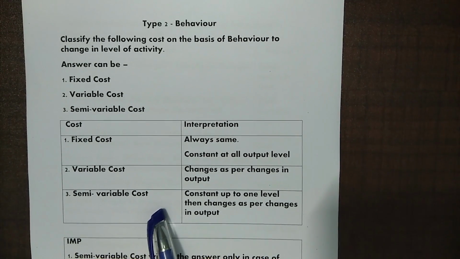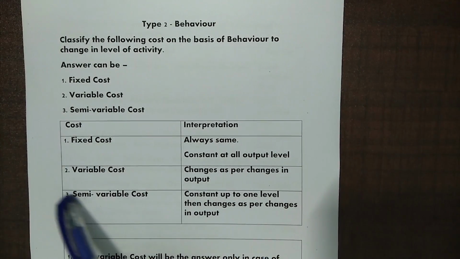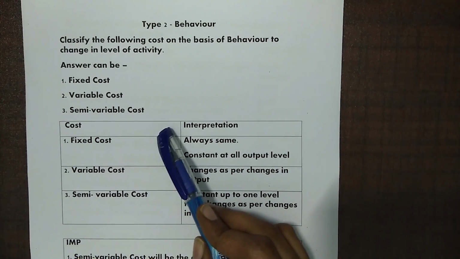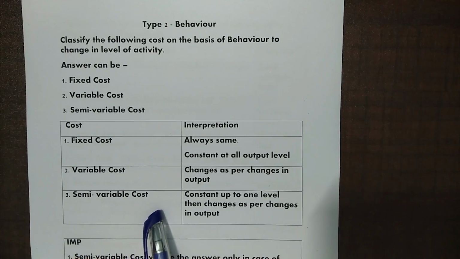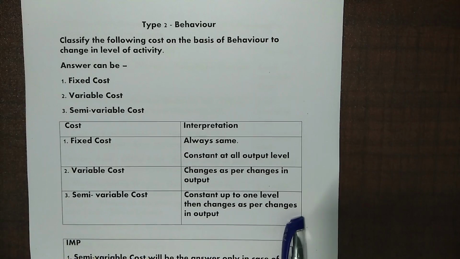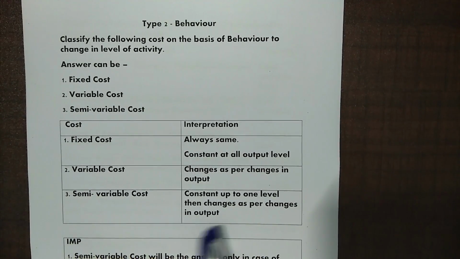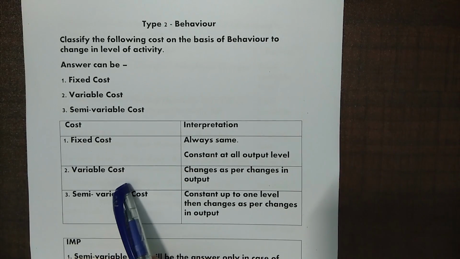Now the next one is the semi-variable cost. A semi-variable cost is the combination of both your fixed cost and variable cost. Semi-variable cost is such type of cost which remains constant up to one level, and after that it converts into the variable cost.